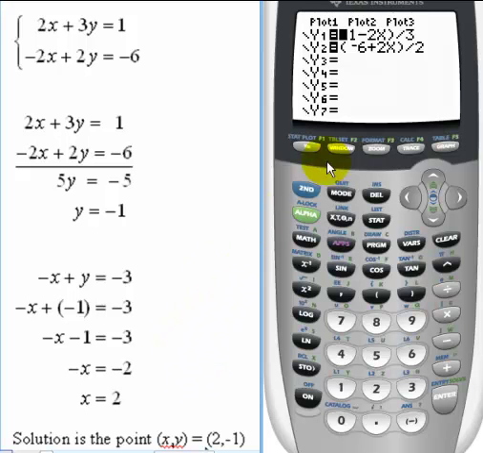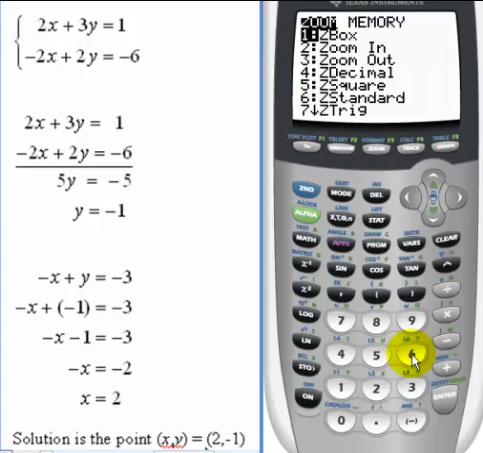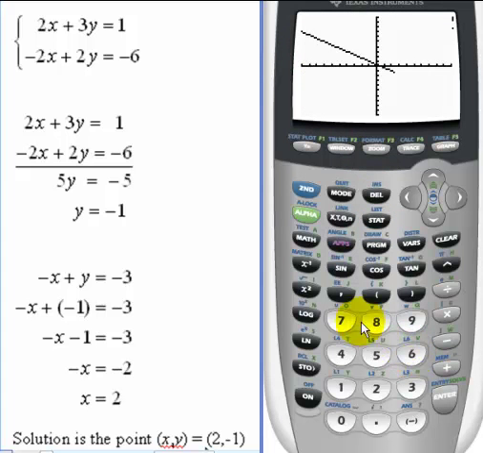Over here on the right hand side, what I'm going to do is graph both of those equations. The first equation I'm solving for y and plugging that into y1. The second equation I'm solving for y and plugging that into y2. And then if I do, let's say, a zoom standard window, Zoom 6, I get this picture here.